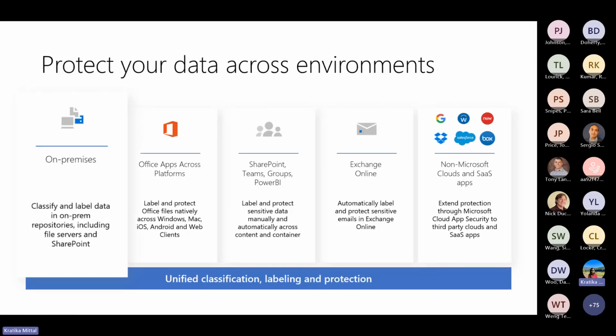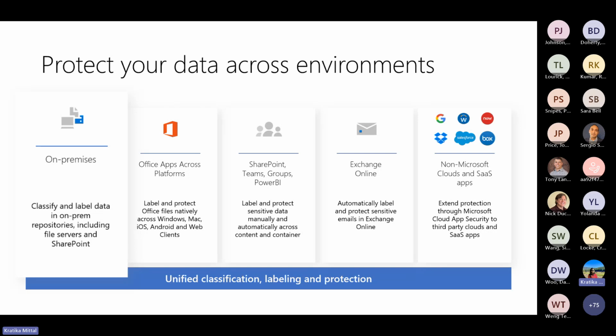So to achieve comprehensive protection across your organization, it's important that you're able to detect sensitive information everywhere across your data estate, no matter where it is created or stored. That means having sensitive data detection capabilities across your on-premise file shares or data centers, on individual devices, as well as across cloud services and SaaS applications.